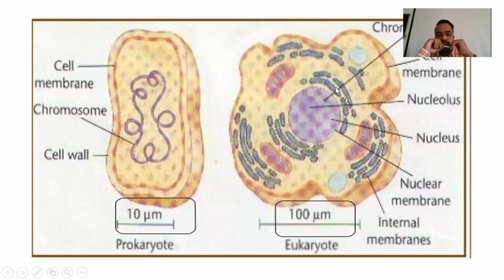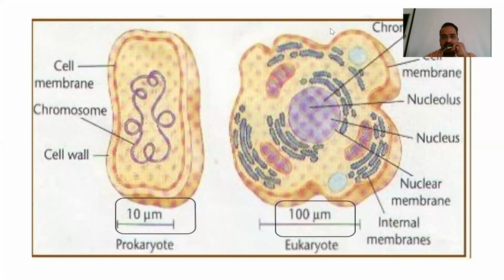Okay, so this is how the cells of prokaryotes and eukaryotes look. You have done this dissection under the microscope in your PUC and found these things out. On one side you have a prokaryotic cell, which has a cell membrane, a chromosome, and a cell wall.